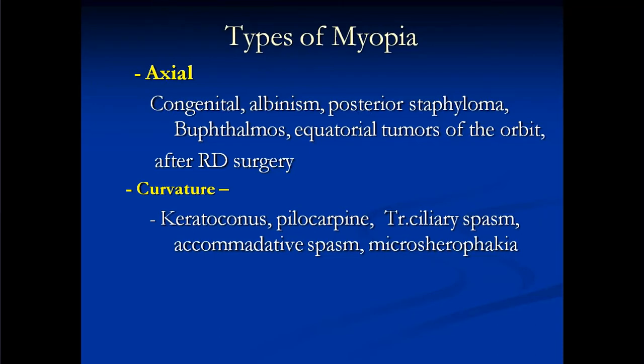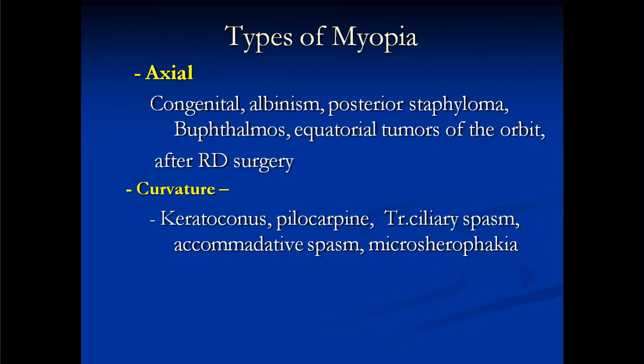Because of the raised intraocular pressure in children, not in adults, in children, because of the elasticity of the tissues, the eyeball becomes bigger, and as I told you, when the eyeball becomes bigger, it results in myopia or myopic shift, you can say.